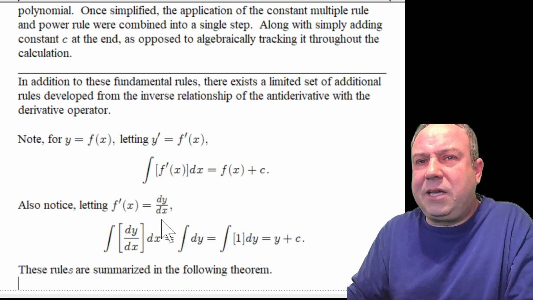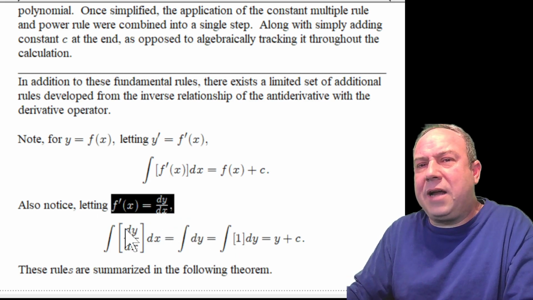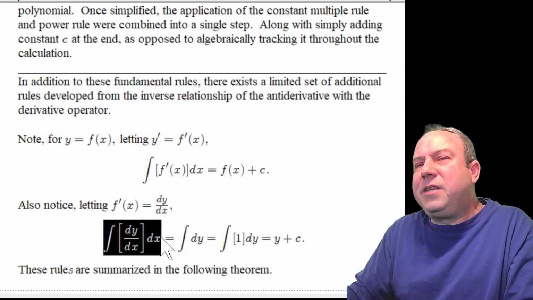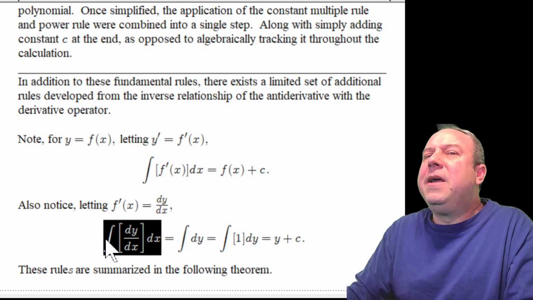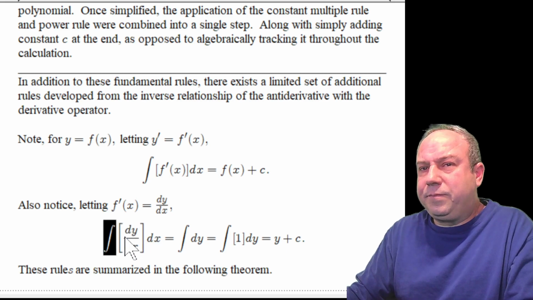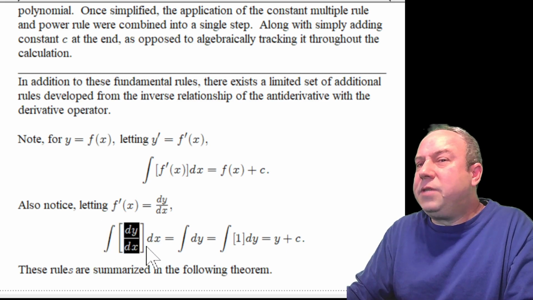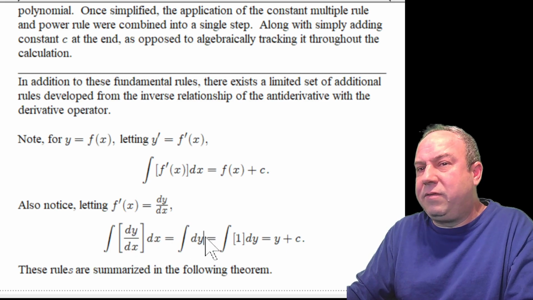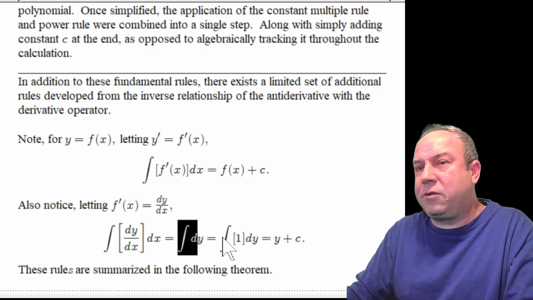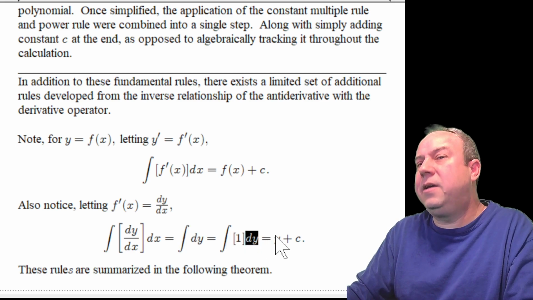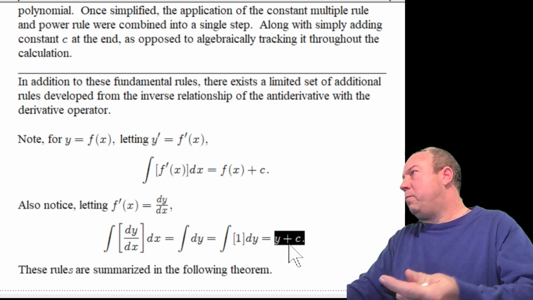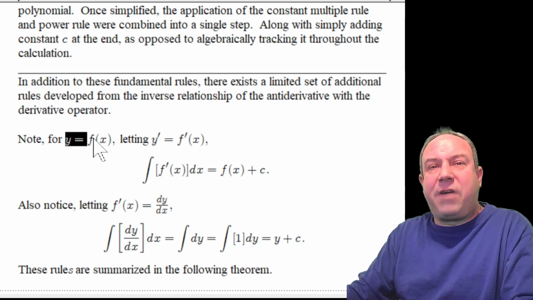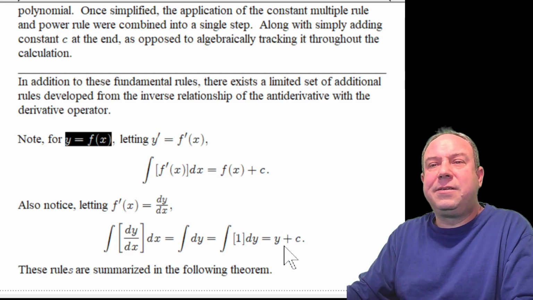And similarly, if we think about f prime of x being dy dx, we can see how this plays out. This is equivalent to the antiderivative of dy dx. The dx's would cancel, leaving you with the antiderivative of dy, the antiderivative of 1 with respect to y, which we know from the constant rule above is just equivalent to y plus c, y being the function f of x.